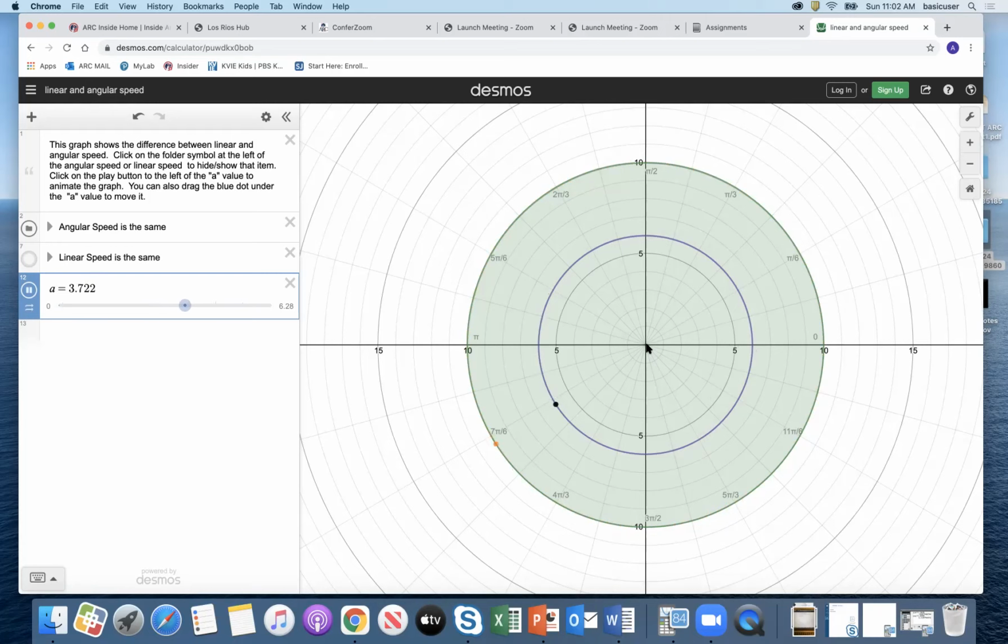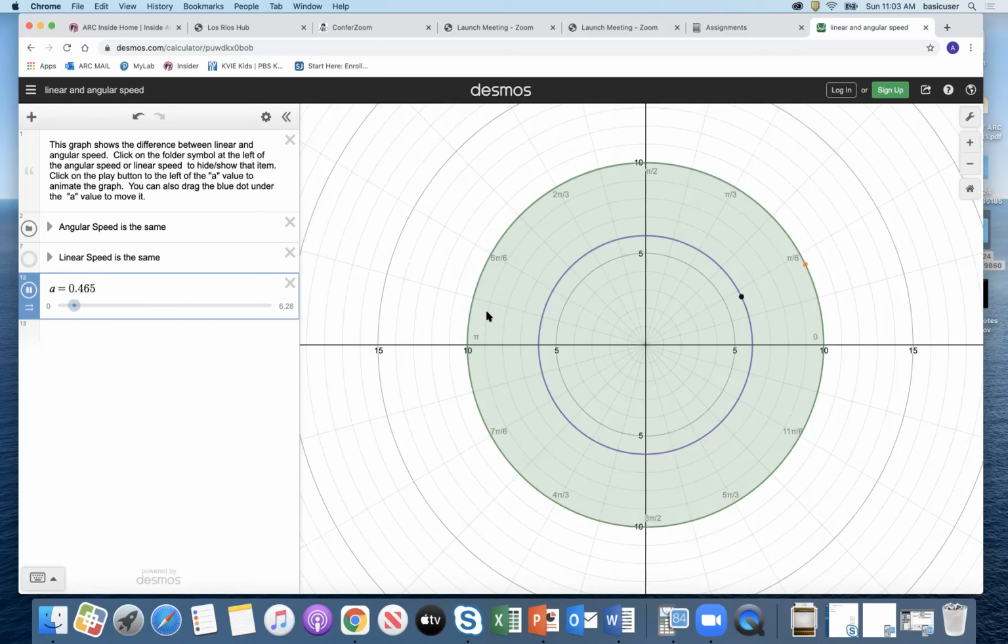One thing to note about the two dots on this animation, both of them have the same angular velocity, because the angle is moving at the exact same rate. If you compare the two dots, they're hitting those rays at the same time. So the angular velocity, the rate at which the angle is changing, is the same.